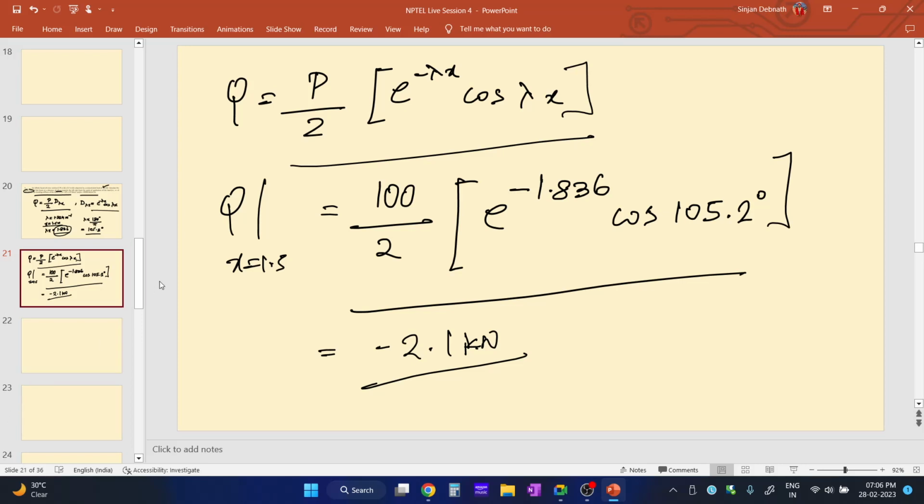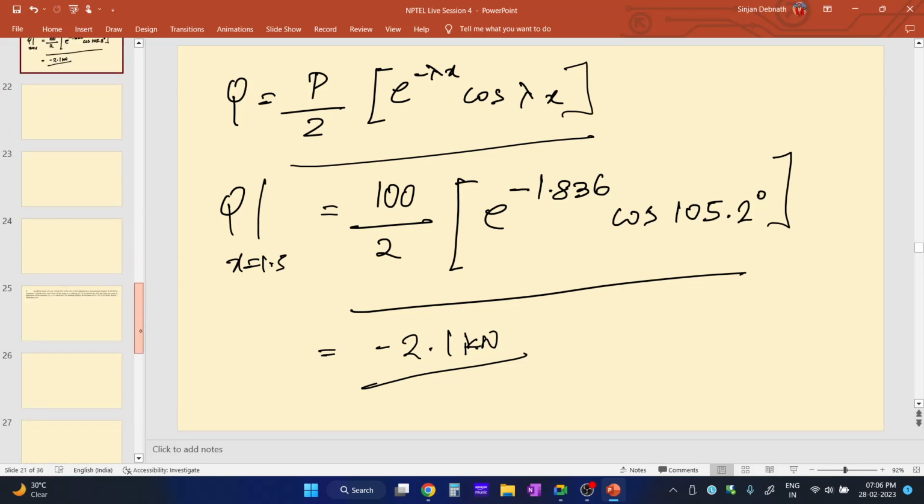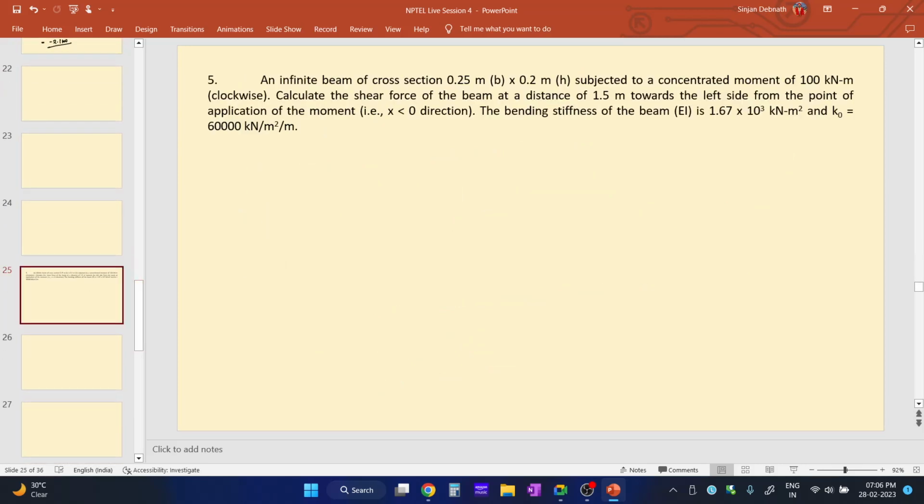So now let us proceed to the next question. Here, instead of a load, a moment is given. What is the question? An infinite beam of cross section 0.25 meter by 0.2 meter, the geometry is the same, subjected to a concentrated moment of 100 kilonewton meter clockwise.